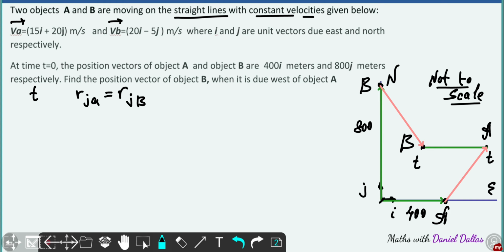If you set up the position vector, not displacement now, but position vector, I'll just show you real quick. If you set up the position vector for B, it's going to be like that at a given point of time, and the position vector for A is going to be like that. So you understand that the j components, that's the vertical component, are equal, right?